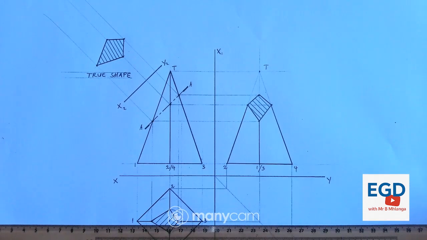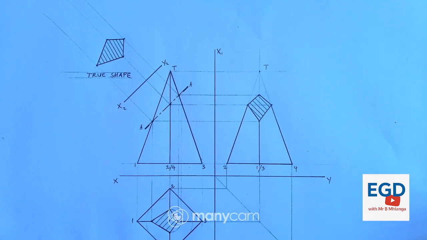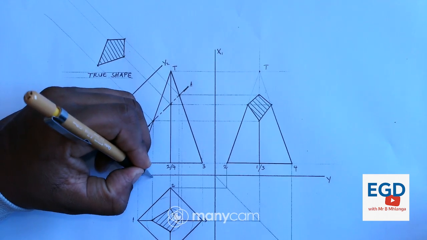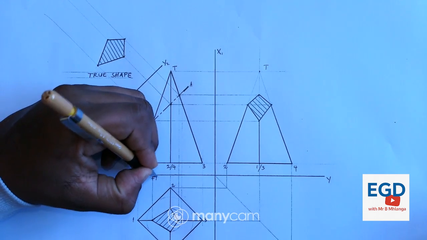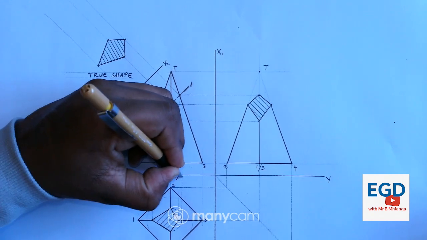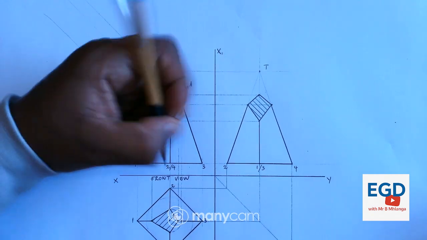But now I have to label these views. So this is our front view. I'll just write the front view down there. Front view.